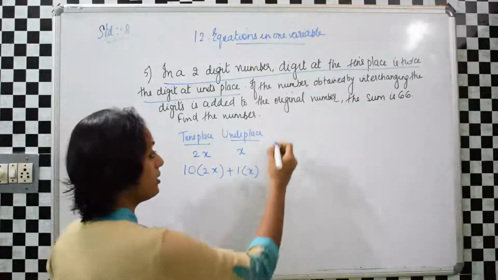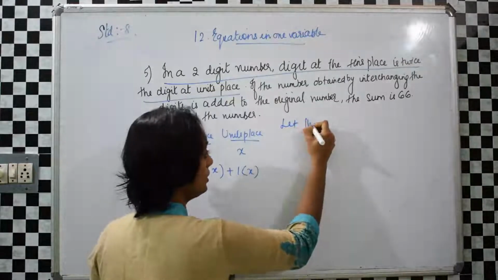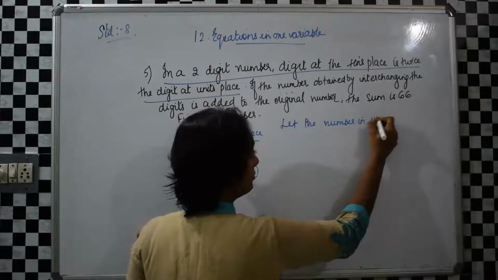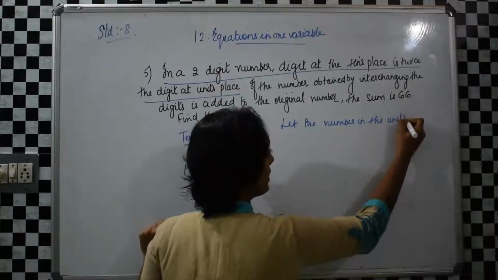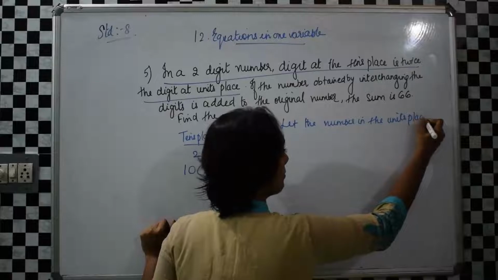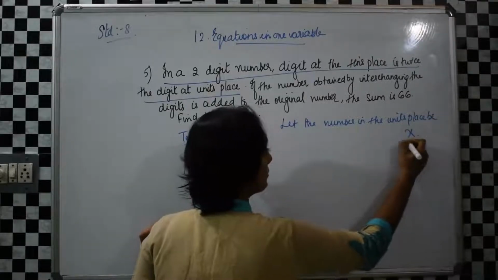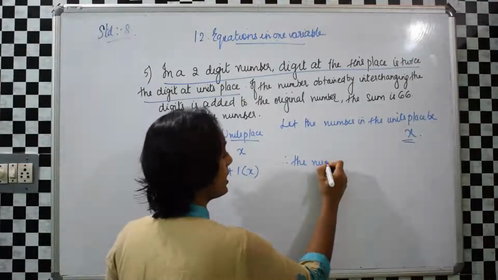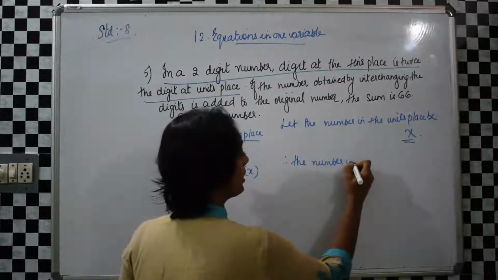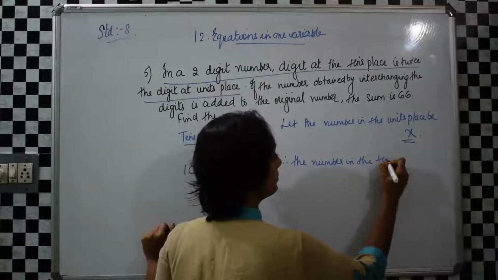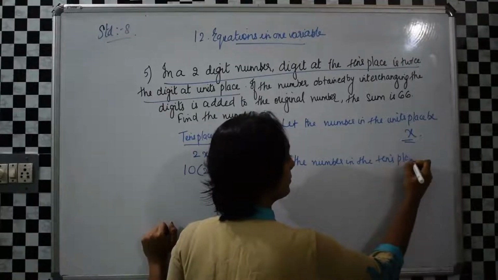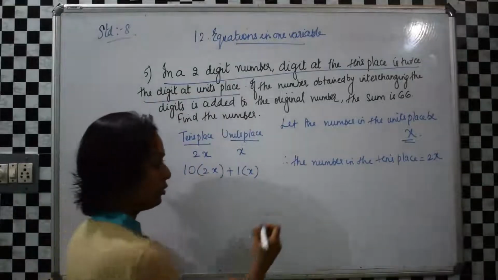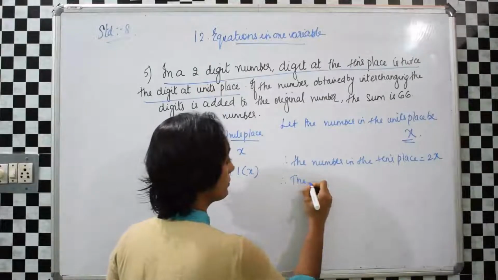So now you write here, let the number in the units place be x. Therefore, the number in the tens place is 2x.